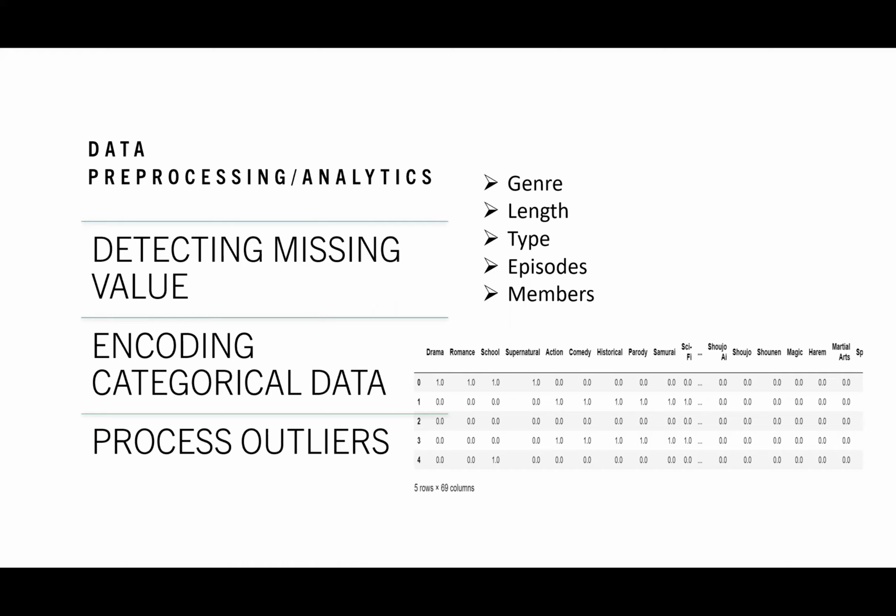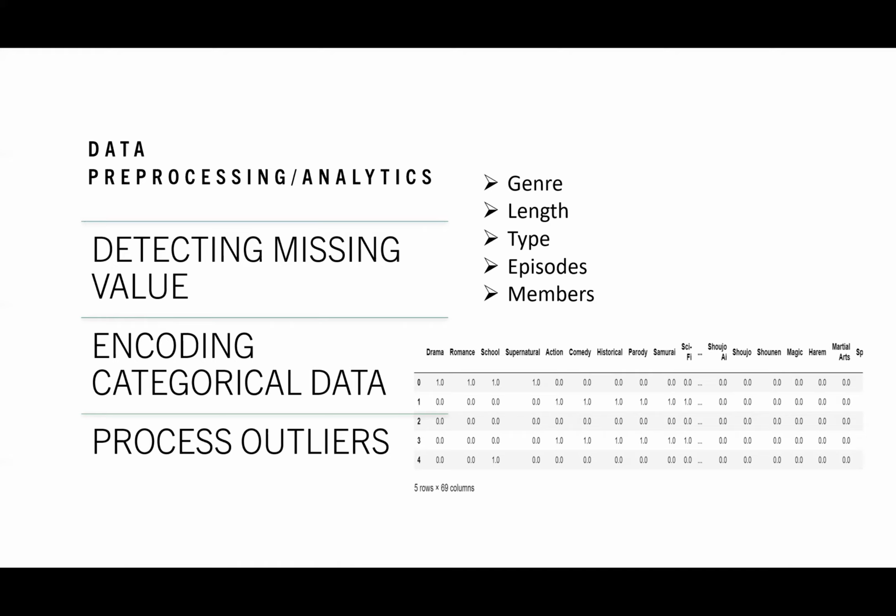The second would be encoding the categorical data, because the data will have many categorical columns, and this cannot be easily analyzed. So we need to encode them and convert them into numerical data. The last one will be processing outliers. They will affect the result and also the accuracy of the prediction.